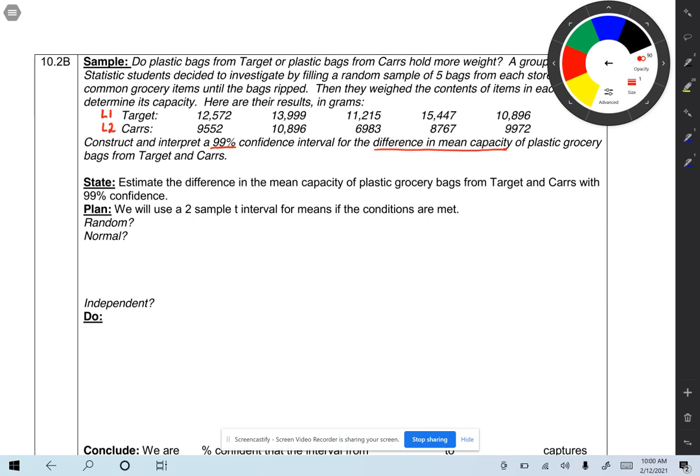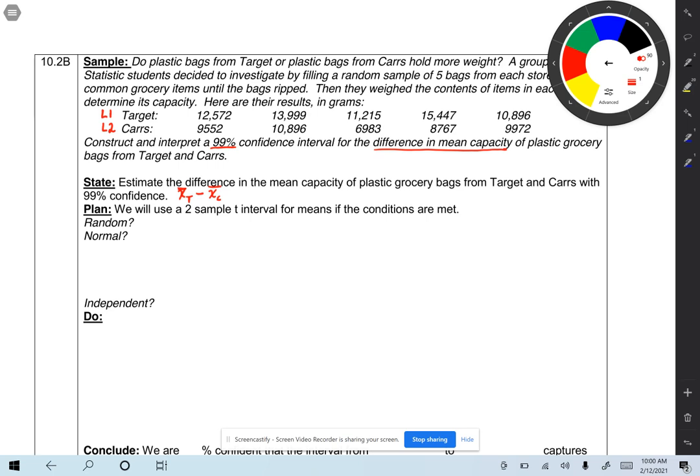So in our state portion, estimate the difference in the mean capacity of plastic grocery bags from Target and Cars with 99% confidence. So I am going to choose Target minus Cars. We will use a two sample t interval for means if the conditions are met.